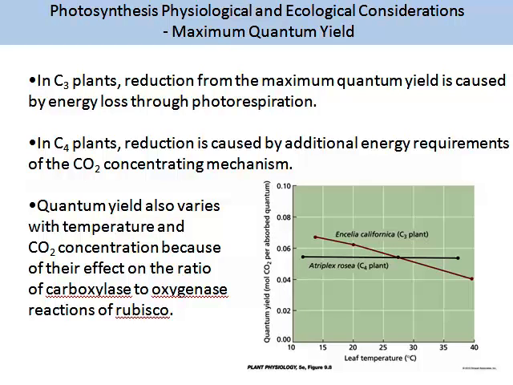The quantum yield also varies with the temperature and the carbon dioxide concentration because of their effect on the ratio of carboxylase to oxygenase reactions of Rubisco. How C3 and C4 plants respond in quantum yield and leaf temperature is illustrated in this figure.